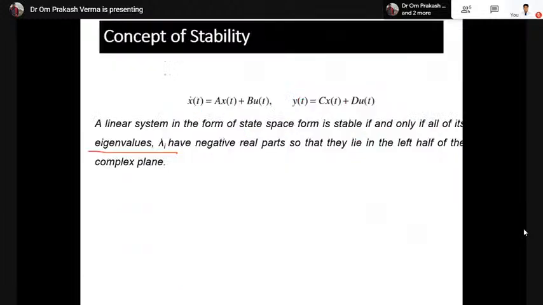However, in the state space equation, we define our stability from the eigenvalue. If the eigenvalues are negative, that means all the poles are lying in the left half of the complex plane.